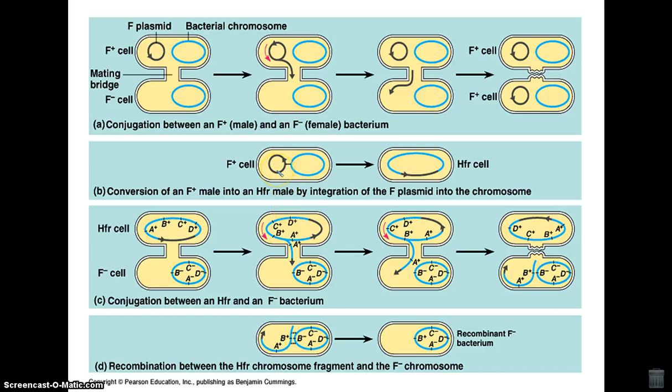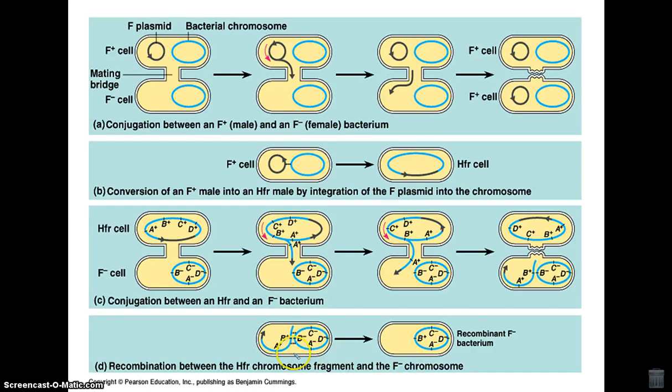Now, it may stay that way, but if the F+ gene becomes incorporated into the host's chromosome, it becomes what's known as an Hfr, or high frequency recombination cell. Hfr cells can then go and conjugate with F- cells, and they will transfer that section of the DNA along with others, and will turn it into an Hfr cell as well.